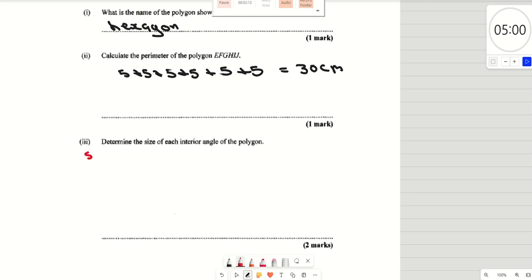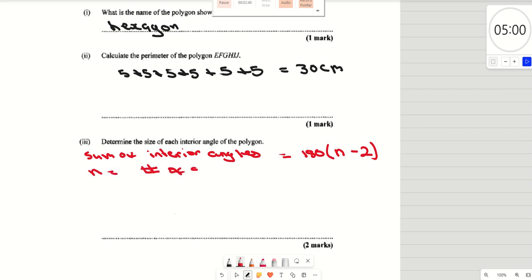The sum of the interior angles is equal to 180 multiplied by n minus 2, where n is the number of sides.